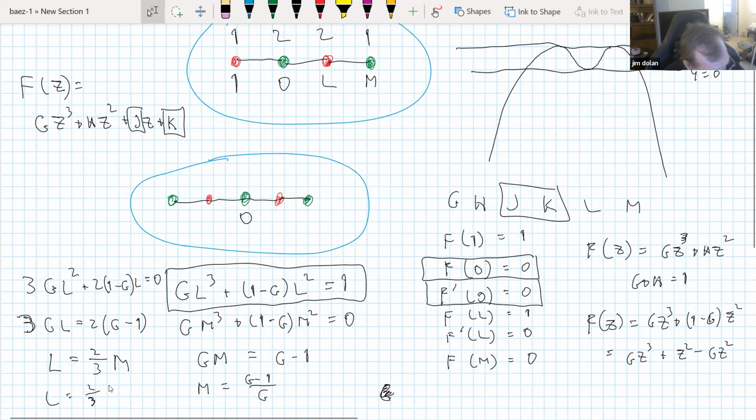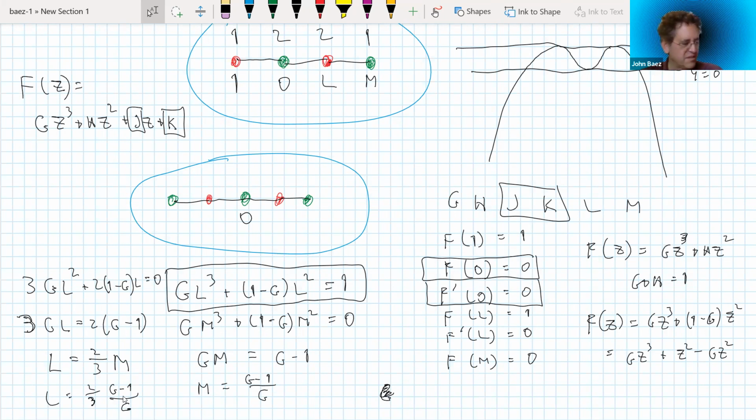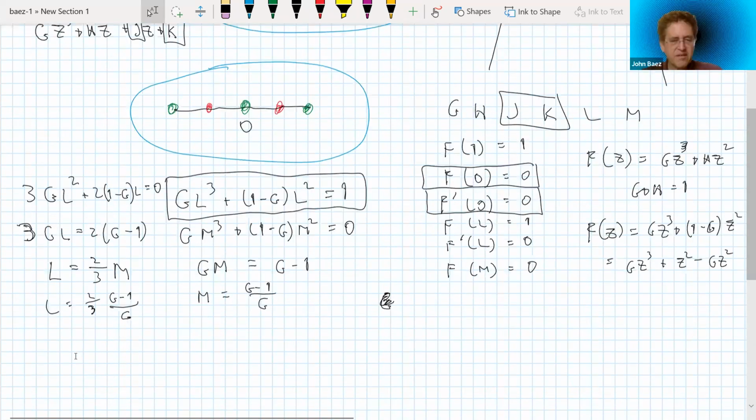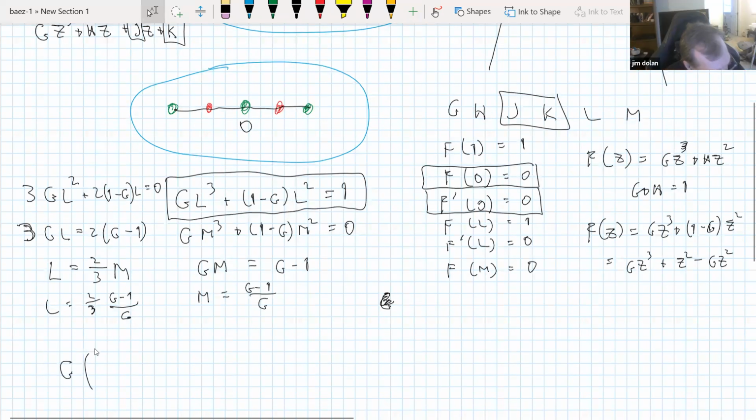I really don't like this, but it's G minus 1 over G. So then I stick that formula for L into the equation in the box. G times 8/27, okay, 2/3 of G minus 1 over G, this thing cubed. Actually, that 8/27 could be very suggestive.